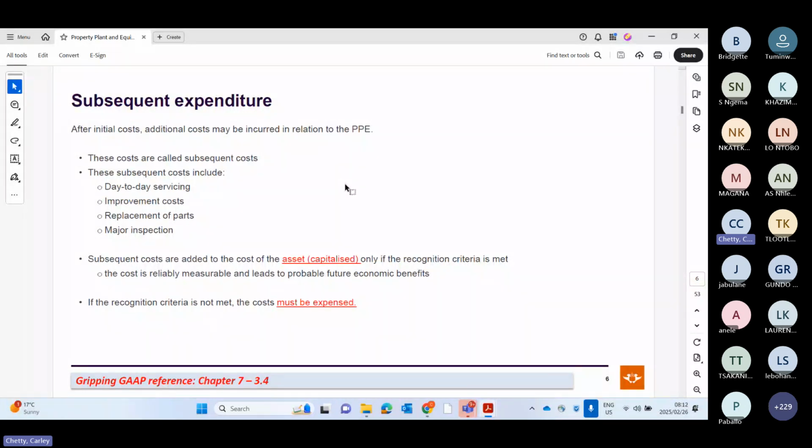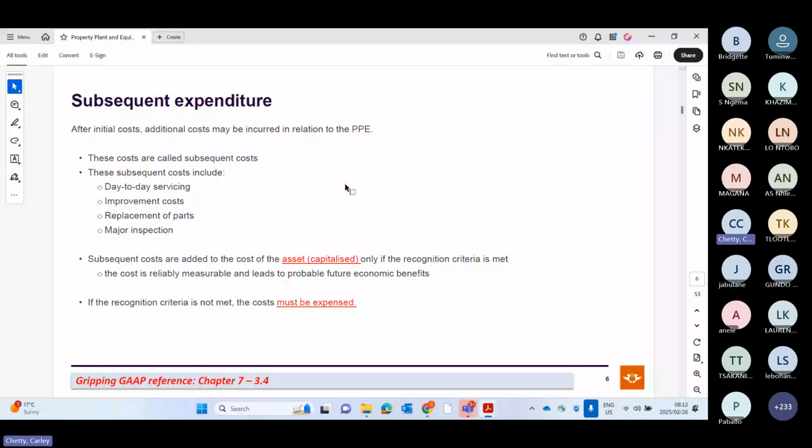Subsequent costs are added to the cost of the asset only if the recognition criteria is met, okay? So we can only capitalize and add the subsequent costs to the asset value in our books if the recognition criteria is met. And the recognition criteria for IAS 16 is that the cost is reliably measurable and leads to probable future economic benefits.